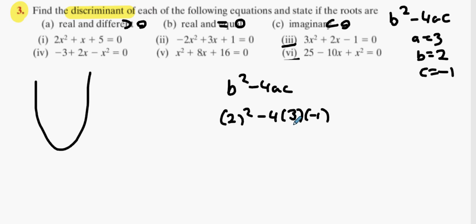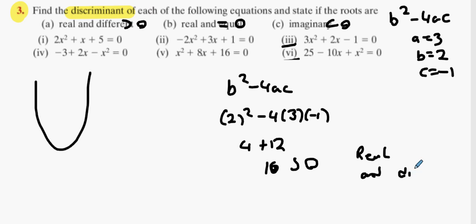Lob it on to the calculator, we're going to get 4 plus 12, which is 16. 16 is bigger than 0, which means what? Real and different. Is that okay? If they're real and equal, when it touches the graph, it's actually 2 roots, just that they're real and equal. So, what this means is that the U-shaped graph will hit the x-axis twice.